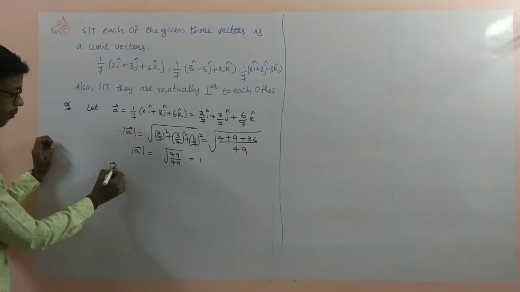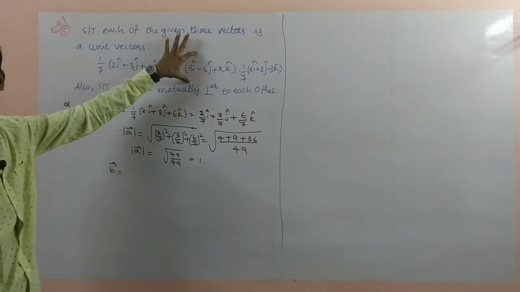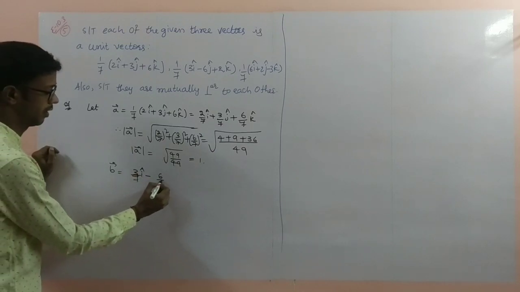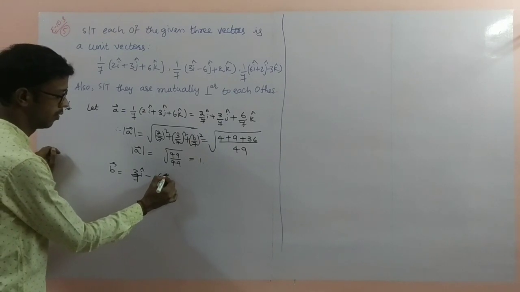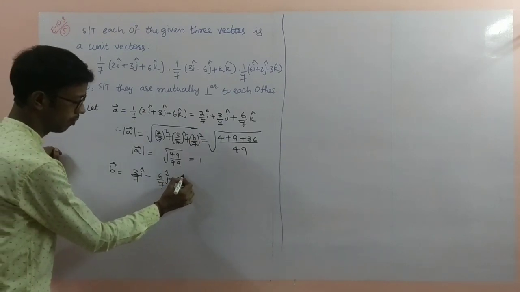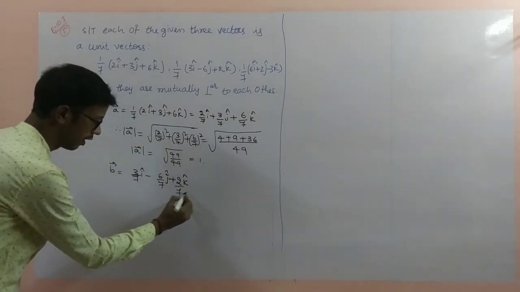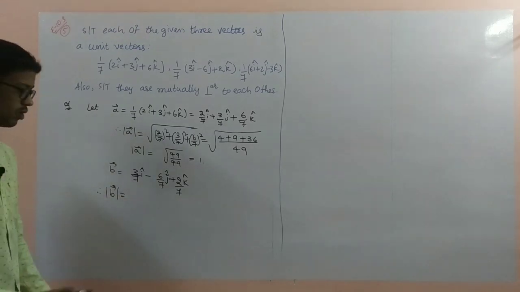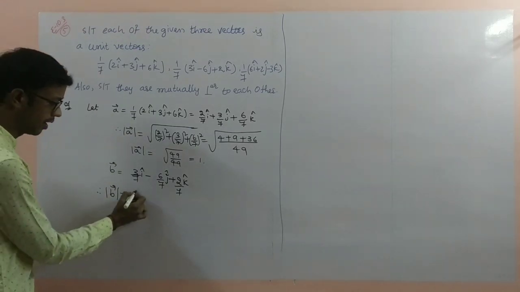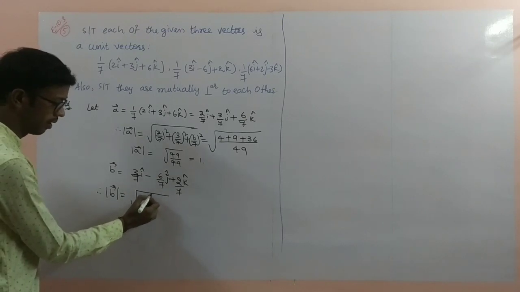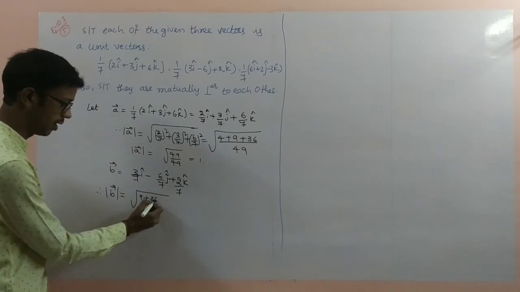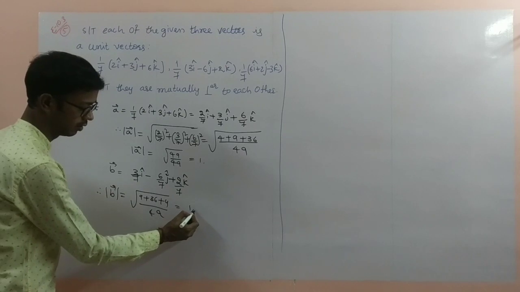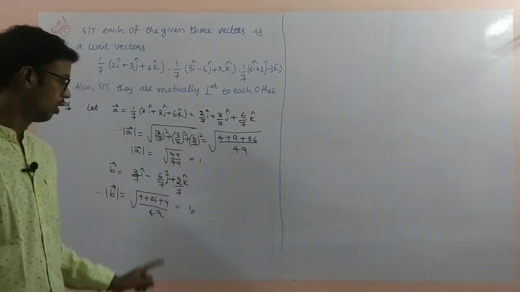Similarly, B bar is the second one: 3 by 7 i cap minus 6 by 7 j cap plus 2 by 7 k cap. Magnitude of B bar: I am directly writing 9 by 49 plus 36 by 49 plus 4 by 49, which gives 1. So B bar is also a unit vector.